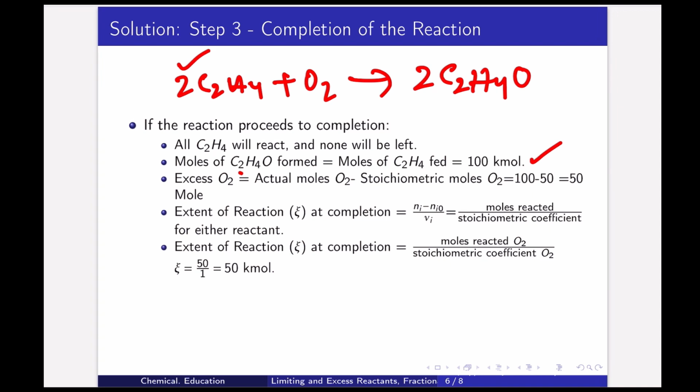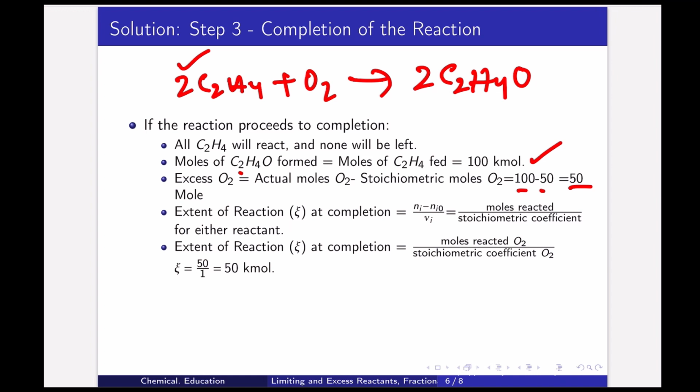Now the excess oxygen is the actual moles of oxygen minus the stoichiometric moles of oxygen required, which is 50. So 100 minus 50, that is 50 kilomole. Now the extent of reaction at completion is ξ equals ni minus ni0 divided by νi, that is moles reacted divided by the stoichiometric coefficient.